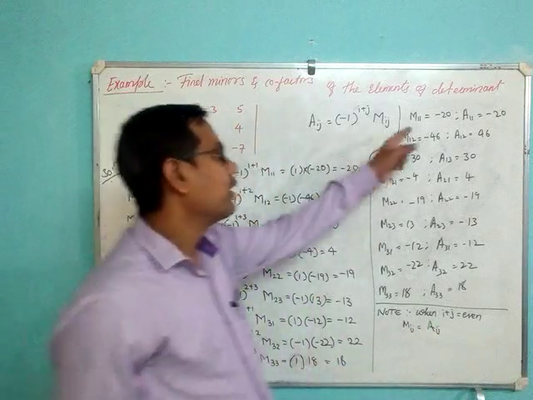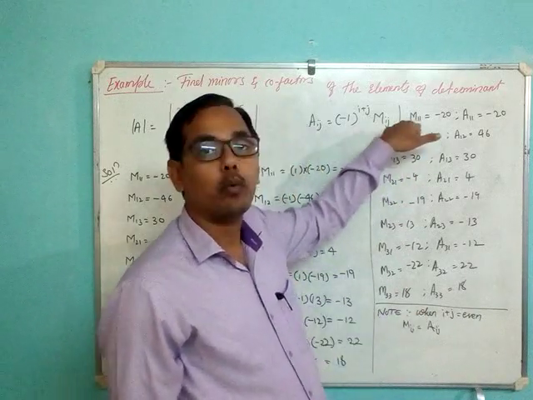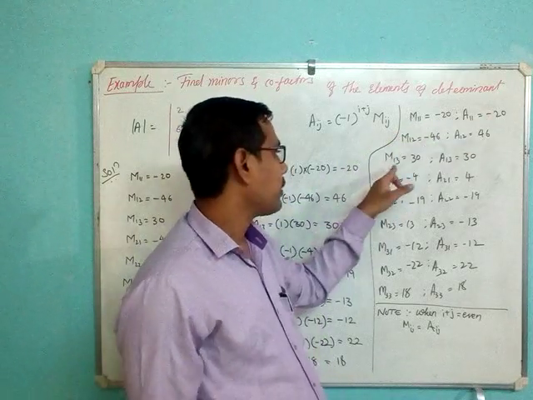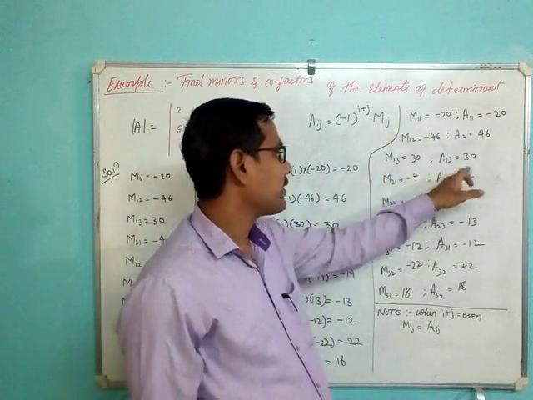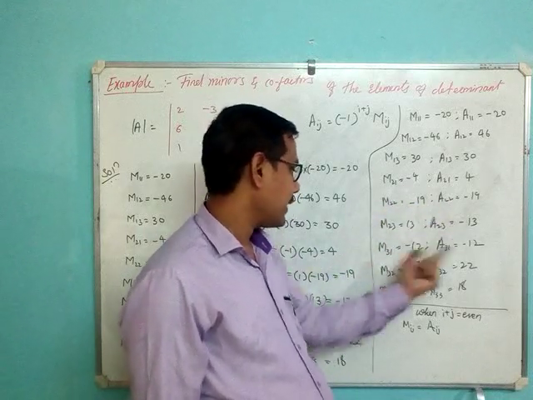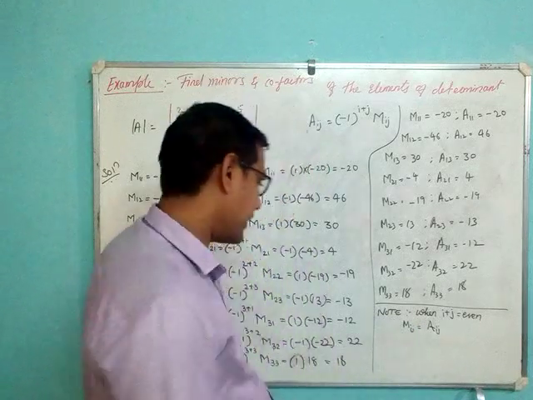You can see here when I plus j is even. See, 1 plus 1 is 2. So M11 is equal to A11. 1 plus 3, 4. Then M13 is equal to A13. Wherever you are having even, Mij is equal to Aij.